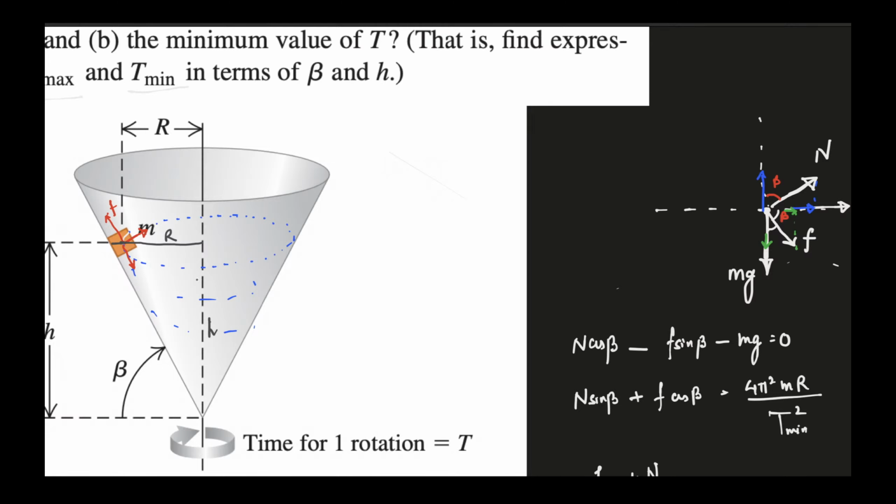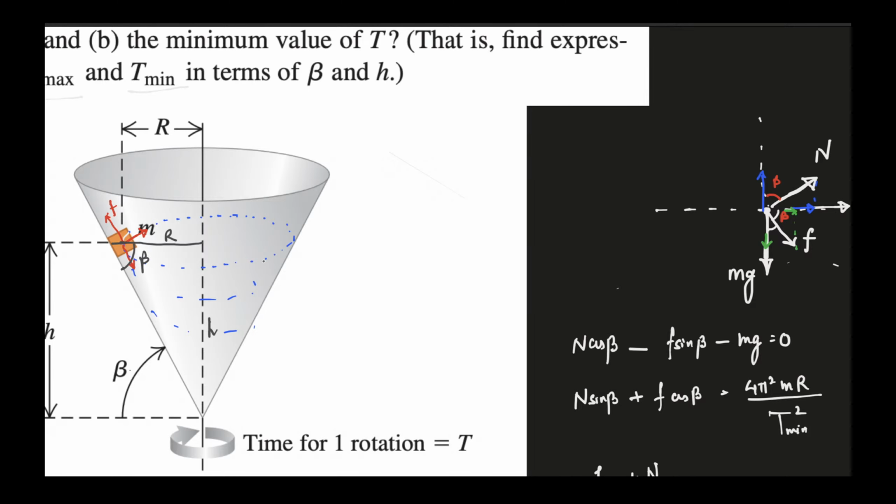So we can assume that the block is much smaller than the cone. So now you are in a situation where you can judge this angle is beta.